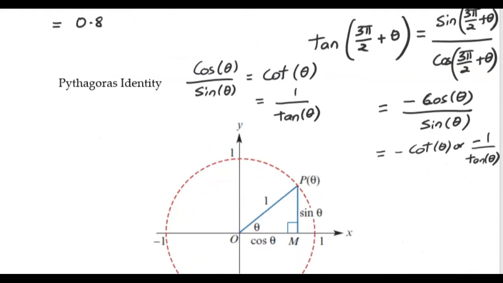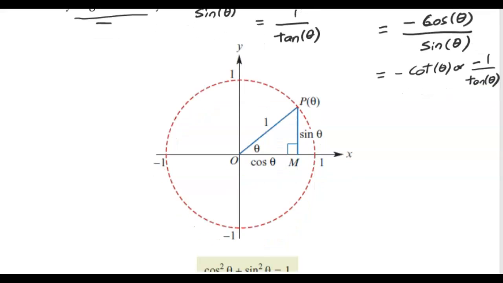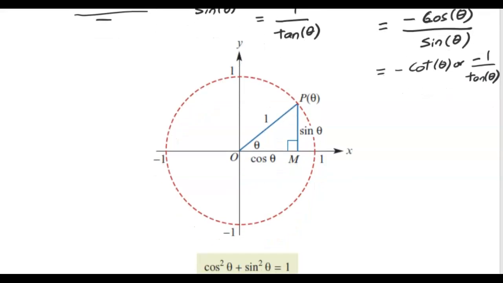Right, last but not least, Pythagoras identity. Now, again, going back to the unit circle, we have a point P on the circumference of the unit circle. Cos is the x-coordinate, sine is the y-coordinate.